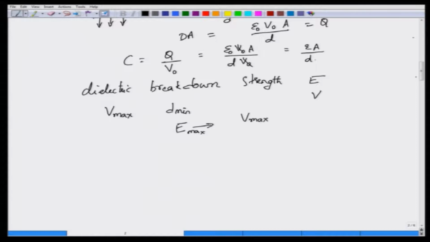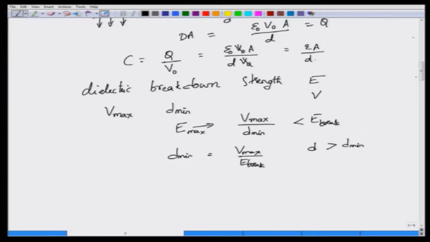Let us say the applied field is also at its maximum, and this is given by V max by D min, and this quantity has to be less than the breakdown electric field. This actually puts a limit on how much D min you can use. The D min should be equal to V max by E break, indicating that D, the separation, should always be greater than this minimum value.